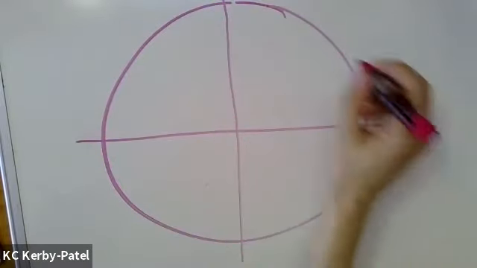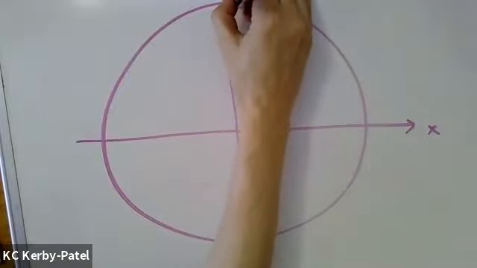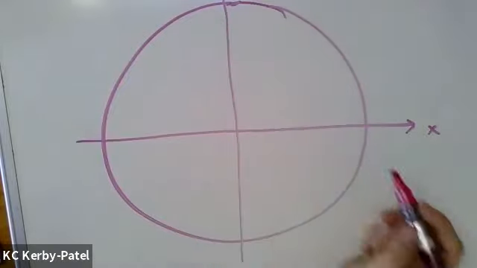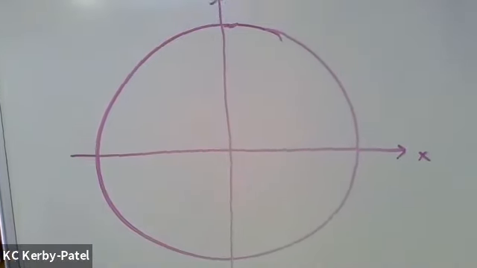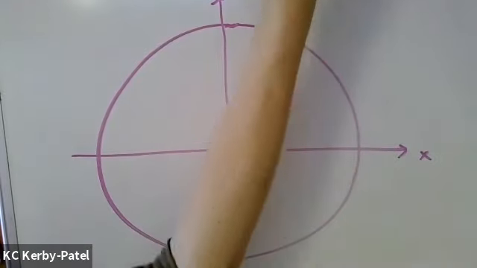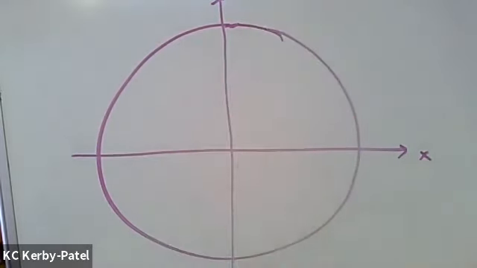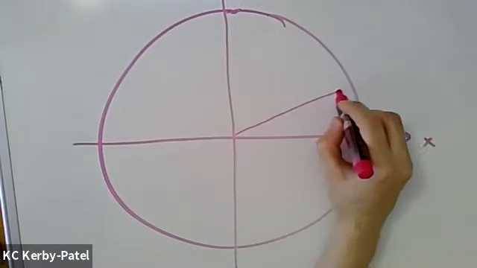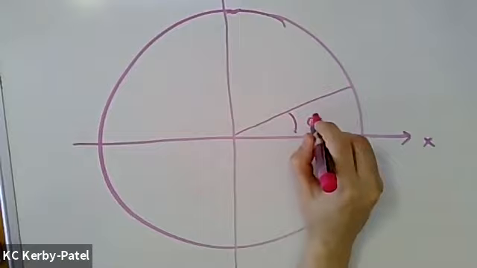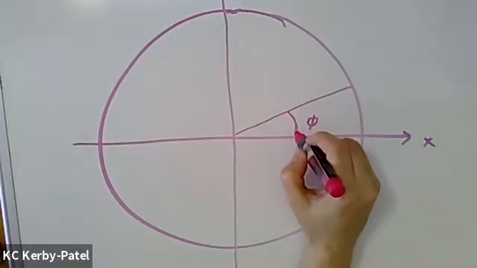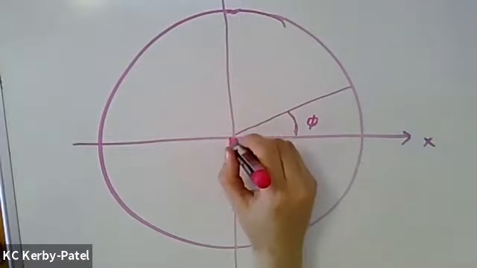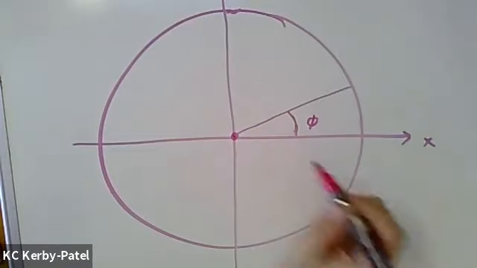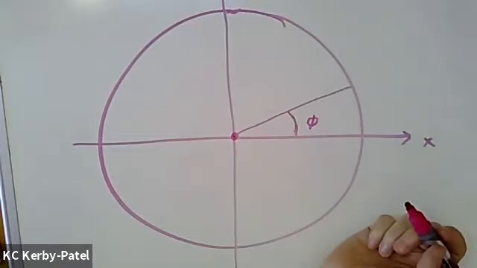You know, here's x and here's y, but I'm doing that because my angle phi is defined relative to the x-axis, and rho is defined relative to the origin in the xy plane.